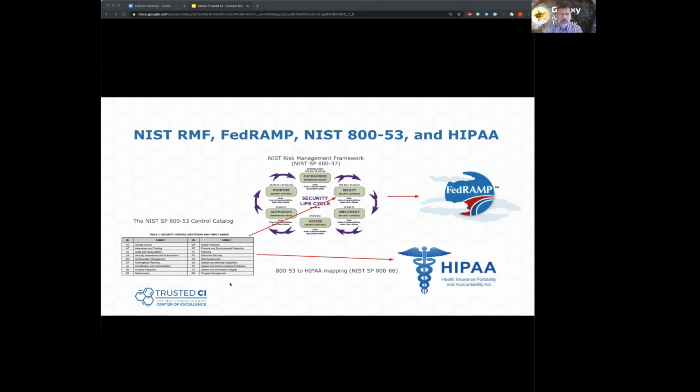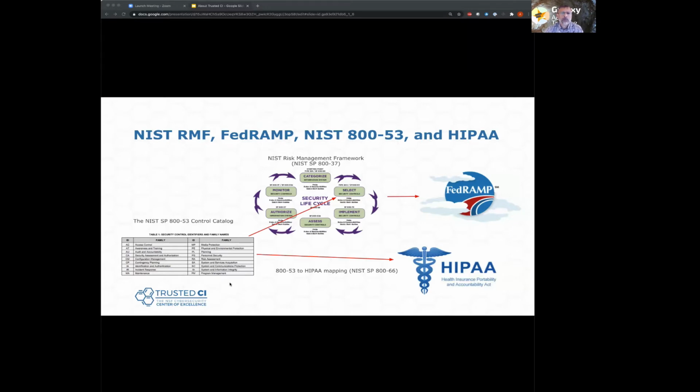As I mentioned earlier, NIST 800-53 is a special publication by NIST, a large catalog of about 1,000 controls, arranged in control families such as access control, awareness and training, incident response, et cetera. Each control family has a number of controls. This is sometimes called a security standard, but more accurately, it is a control catalog, used by the risk management framework to manage cybersecurity risk.